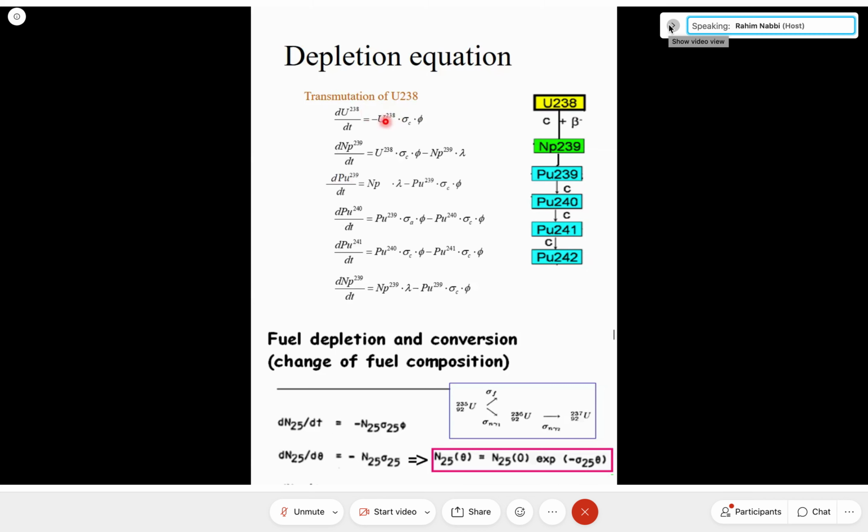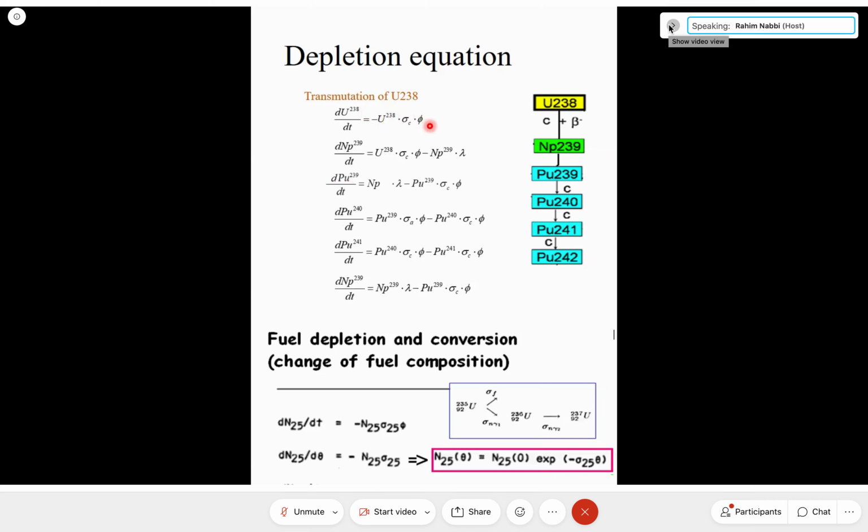So otherwise, one has exactly to put here the correct function for neutron flux, and from the other side, it depends on the actual composition of the fuel.